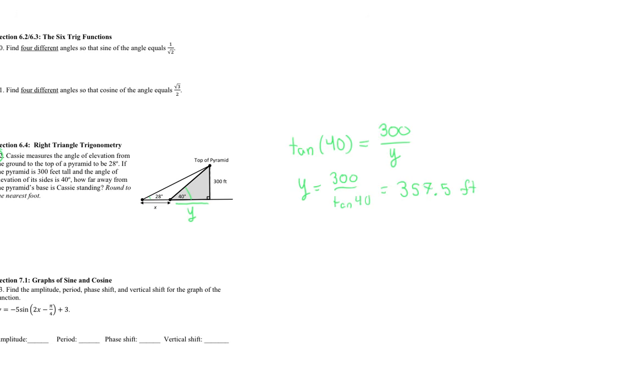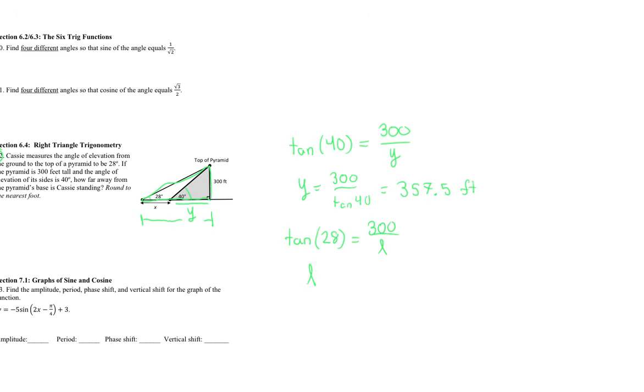Next, we need to find this whole bottom here, so let's call this L. And we know that the tangent of 28 is equal to 300 divided by L, because this whole thing is one big triangle.